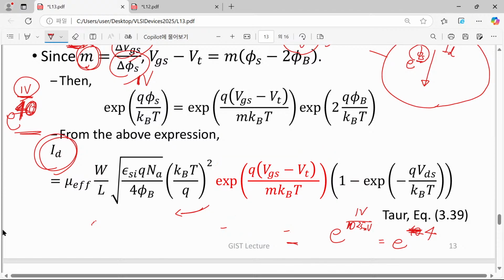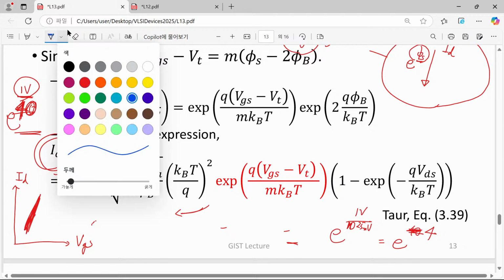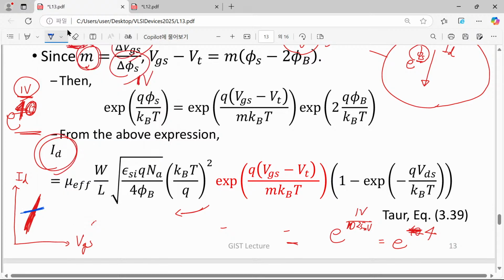If we can achieve this smallest value, m equal to 1, then we can make a really steep dependence of our ID as a function of gate voltage. And if we have a quite high m value, then we will have a moderate dependence of ID over gate voltage.